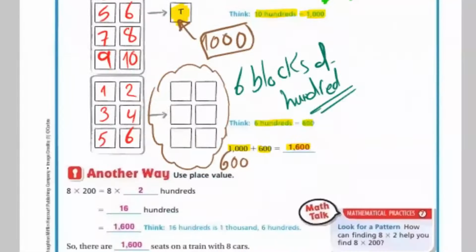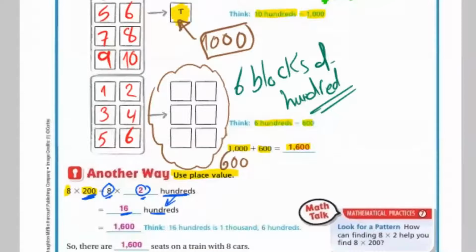Okay, let's have another way to get the answer using place value. We have 8 multiplied by 200, right? So if we rewrite 200 as 2 times 100, we can say 8 multiplied by 2 equals 16, and put the 100 as the same.